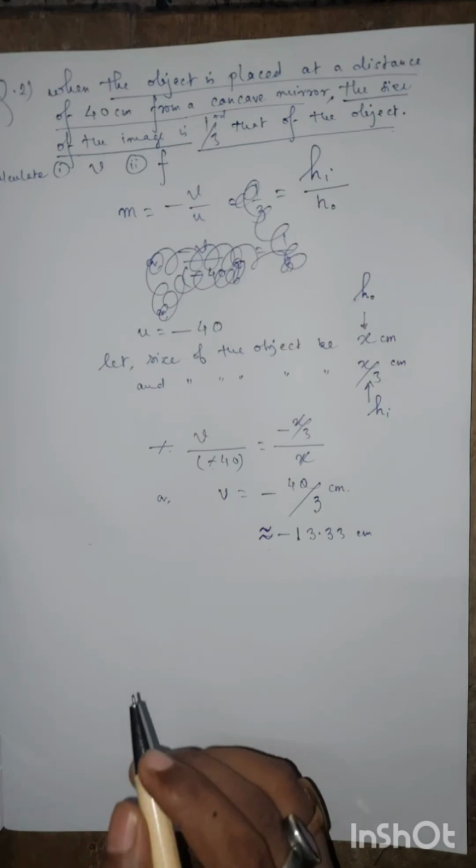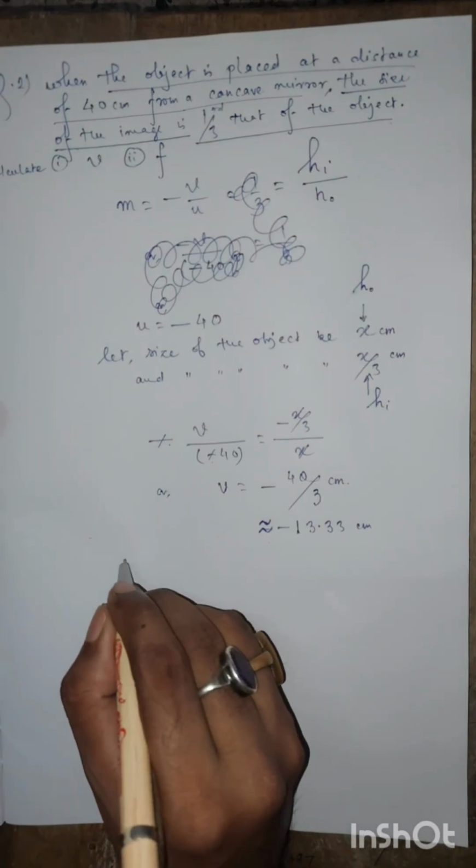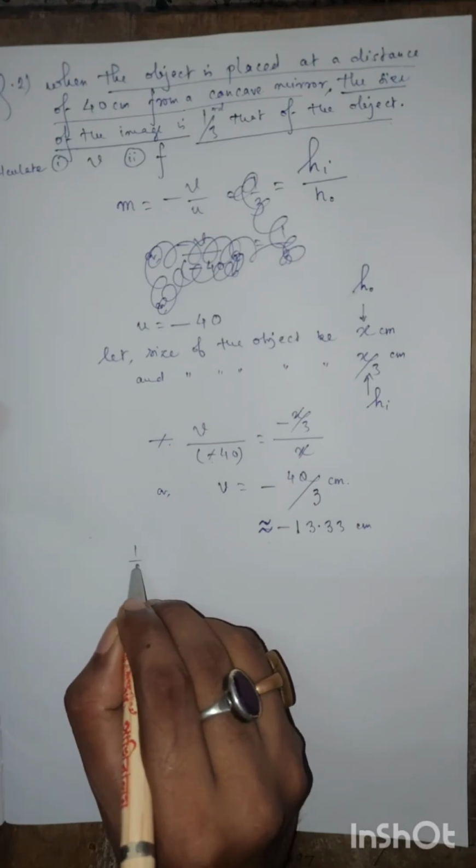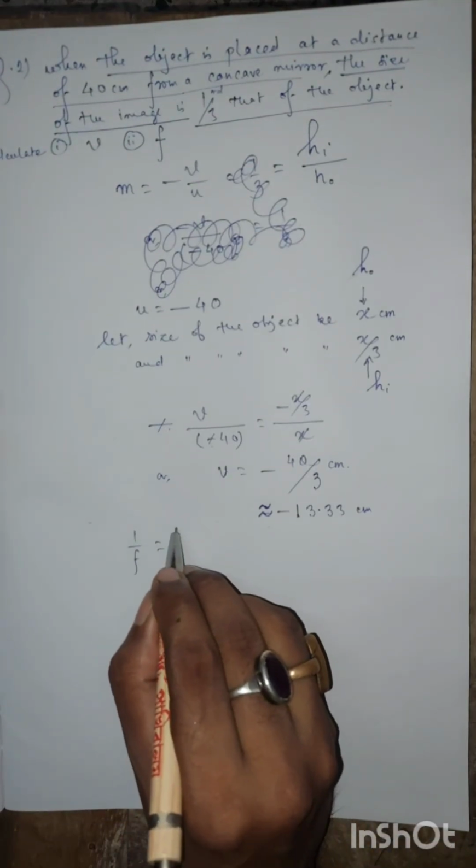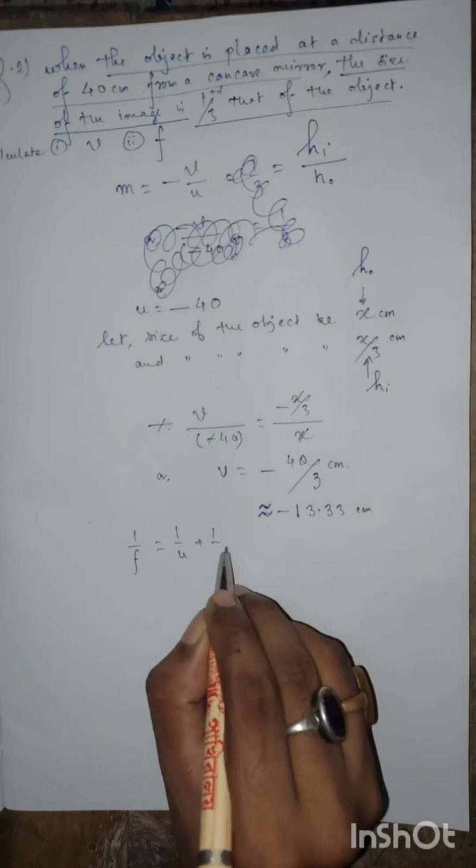Now we need to find out f. So we can write 1 by f equal to 1 by u plus 1 by v.